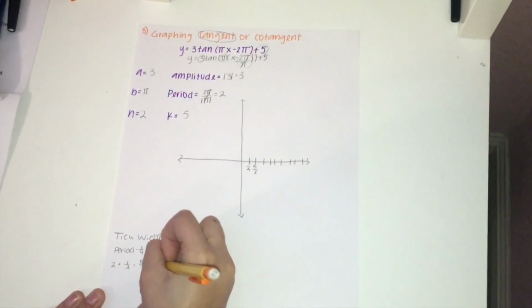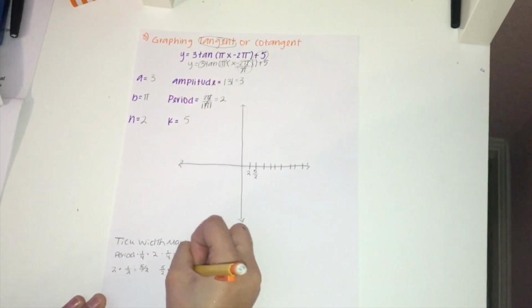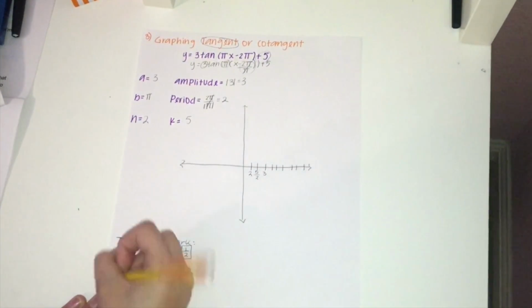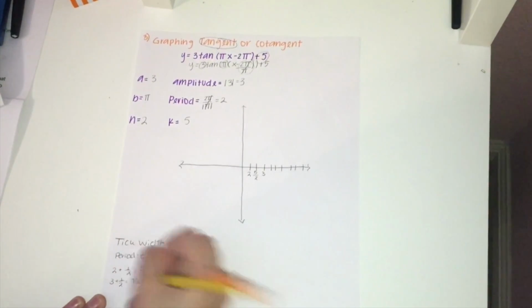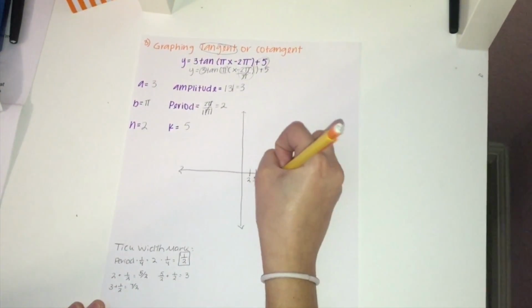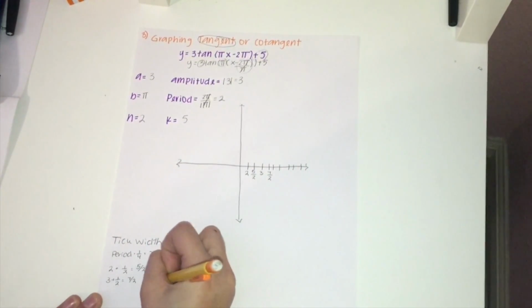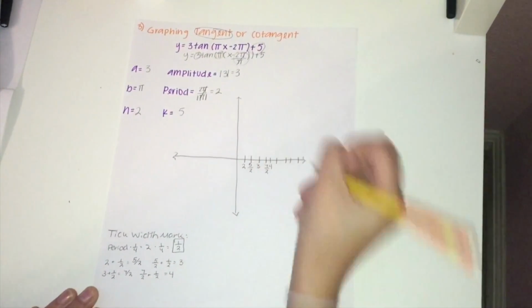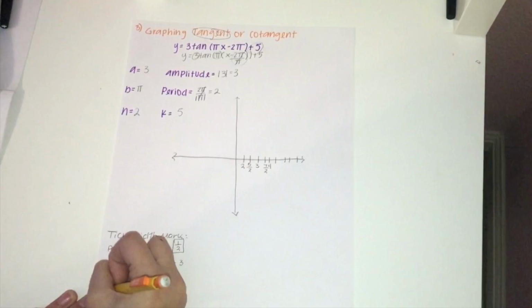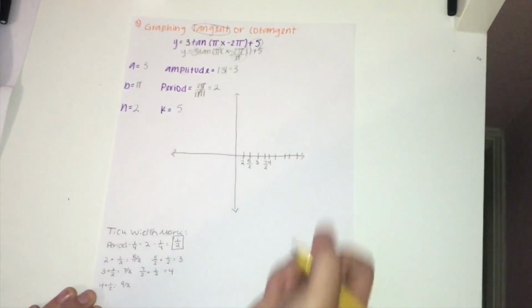Then you'll take 5/2, add 1/2, and you'll get 3. Then you'll take 3, add 1/2, and get 7/2. Then 7/2 plus 1/2 gives you 4. Once you get 4, you add 1/2 and get 9/2.